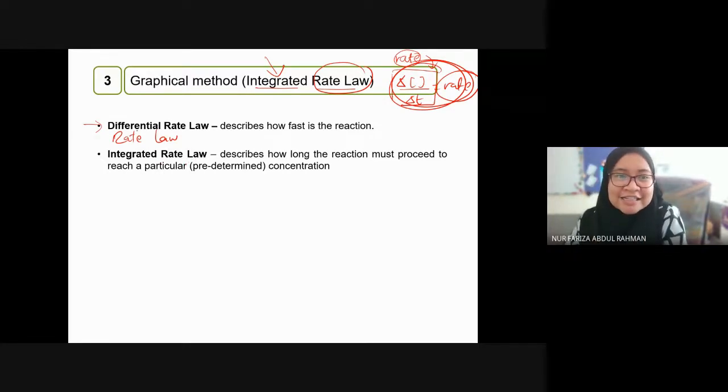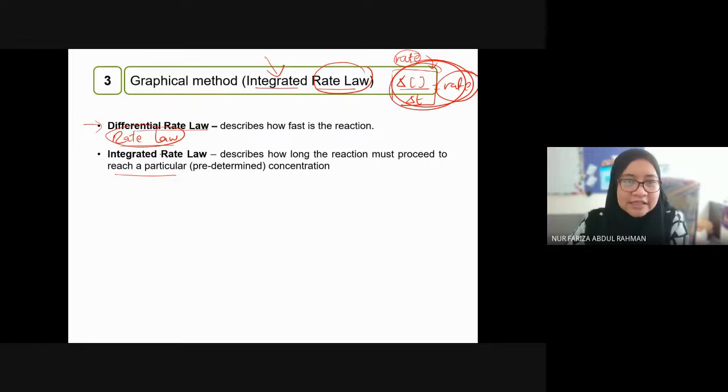There must be something missing in the differential rate law and the rate law that makes us have to integrate the rate law so that we can have that parameter.